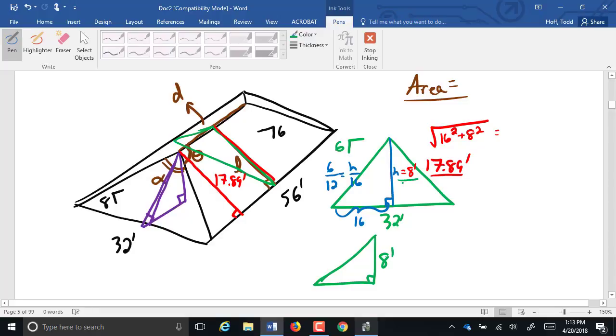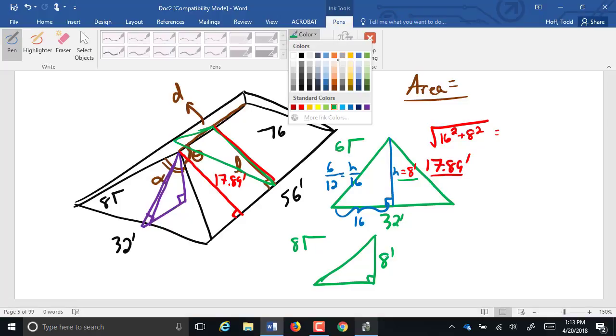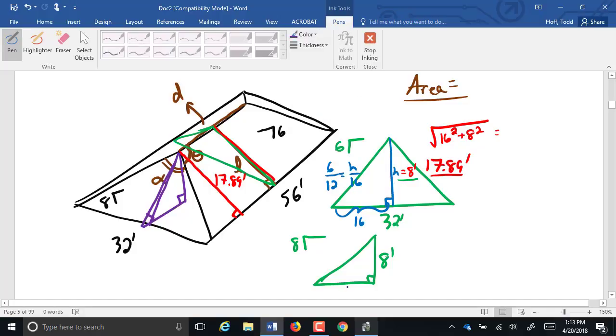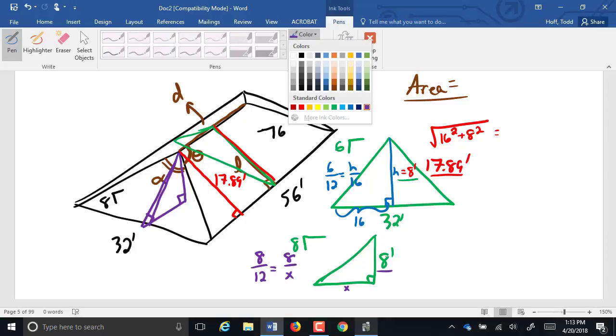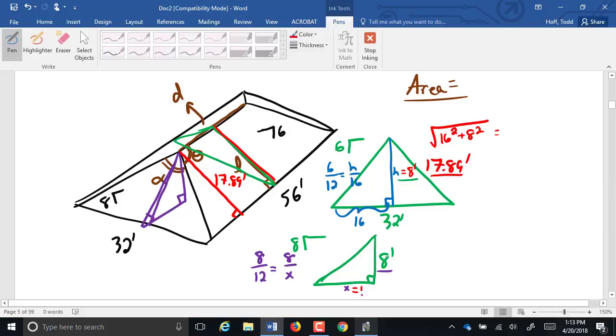The height is 8 feet because it has to be that same height, right? And I know the 8 slope, right? So I can find this setback down here, this dimension right there. Because 8 over 12 equals that rise of 8 over x. Well, x just comes out to be 12 feet. So this here is 12 feet.